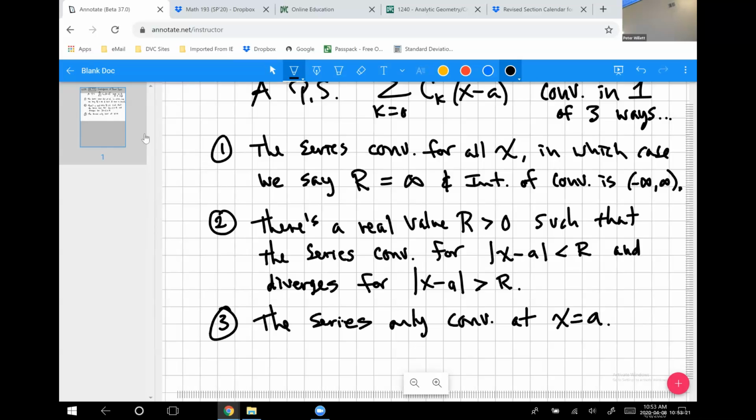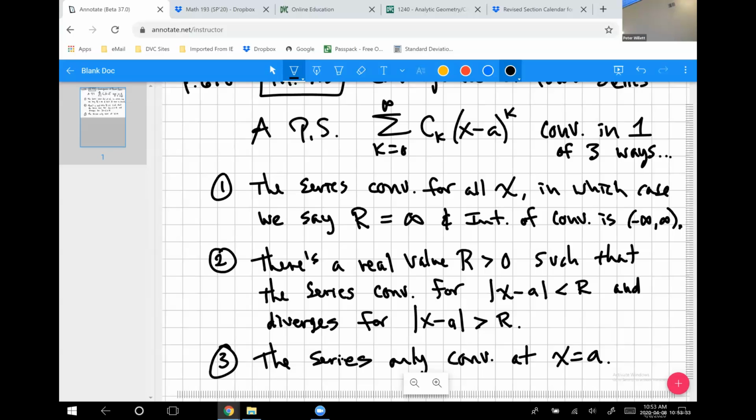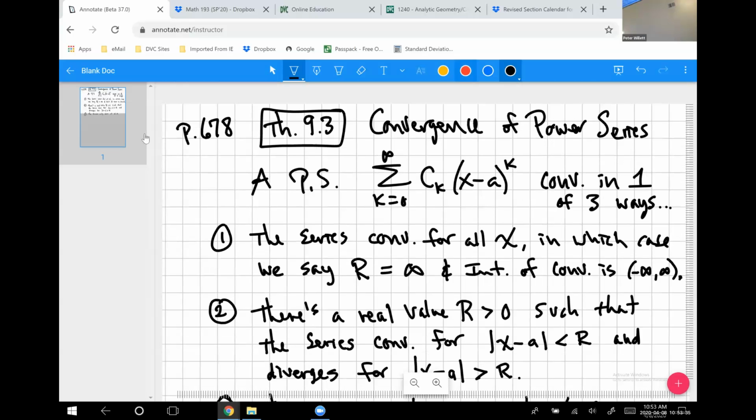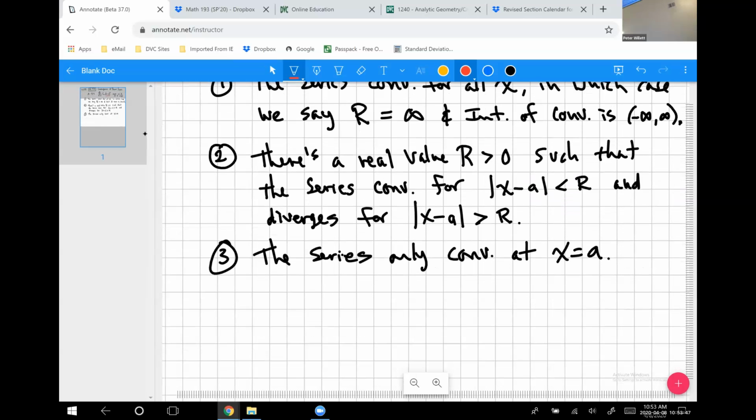Meaning you plug in an a, you get that first constant because that zeroes out all of the x minus a terms. You always get convergence at a, because if you plug in an a in the general form, all of these things get zeroed out. So whenever you plug in an a, the series converges just to the first constant term, like the constant at the end of the polynomial.